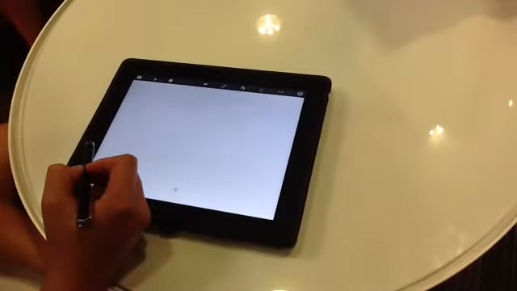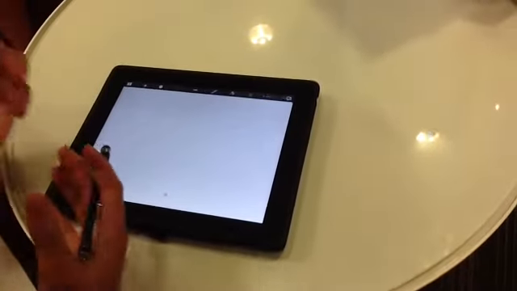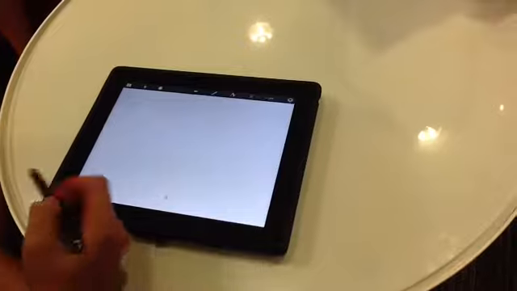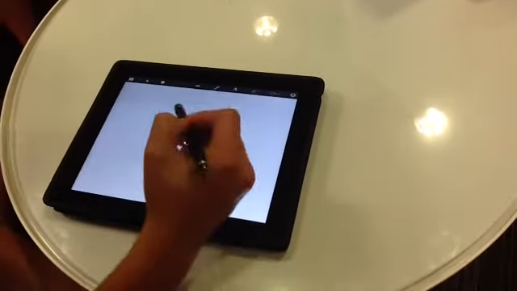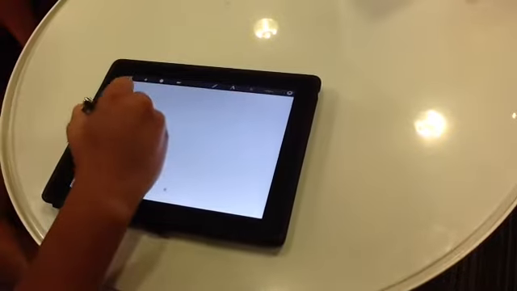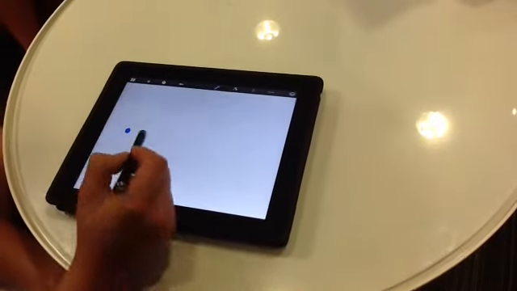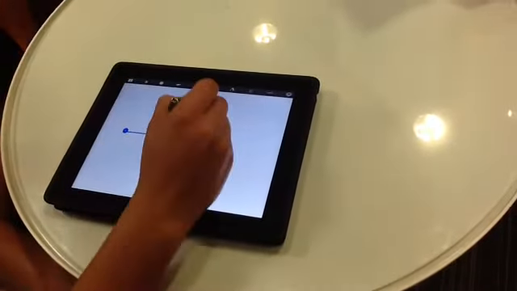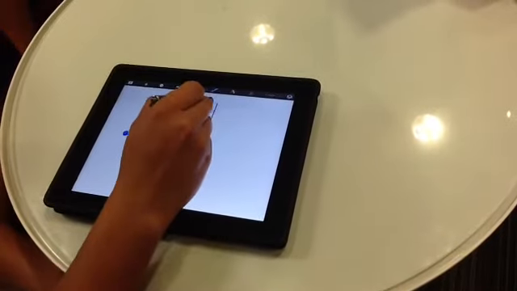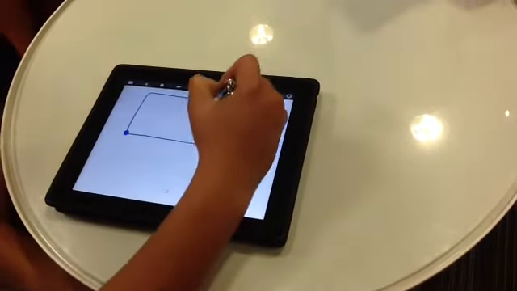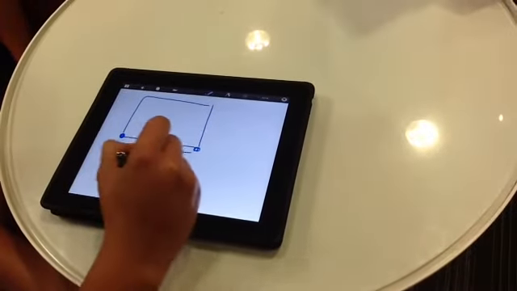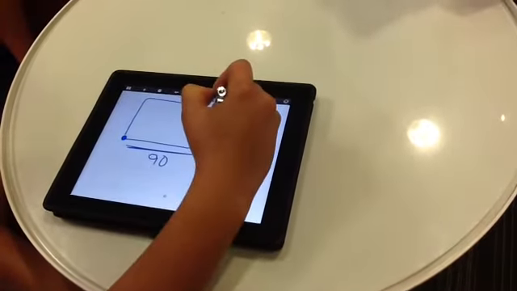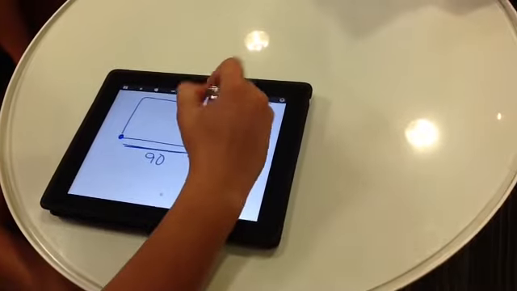So our first step is to draw a diagram representation of what our problem is stating. So we have Jamie over here at this end, and she is 90 meters away from the hole, which is this length, and the hole is on this side.